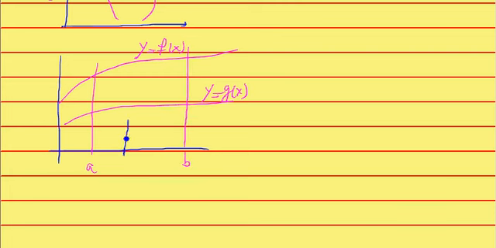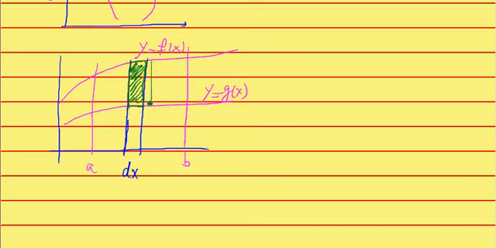We create a slice that's going to be dx thick, or delta x thick if you wish. This slice is going to have a height here. So I'm looking at this rectangle.